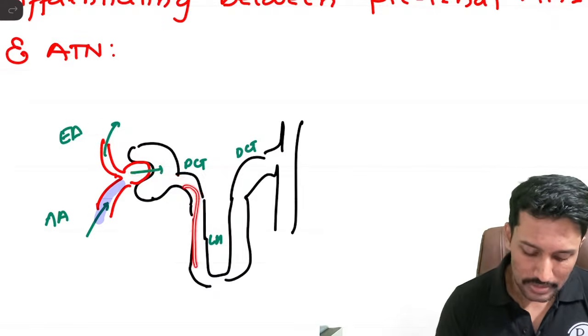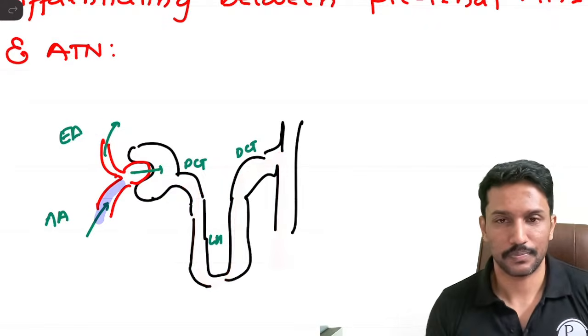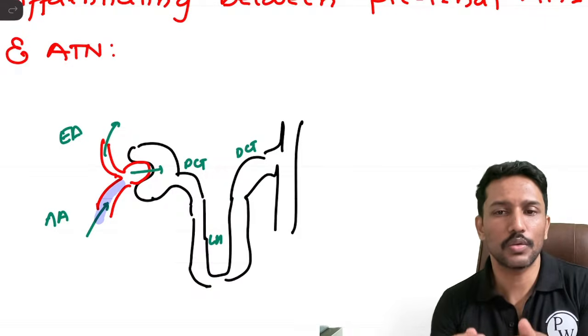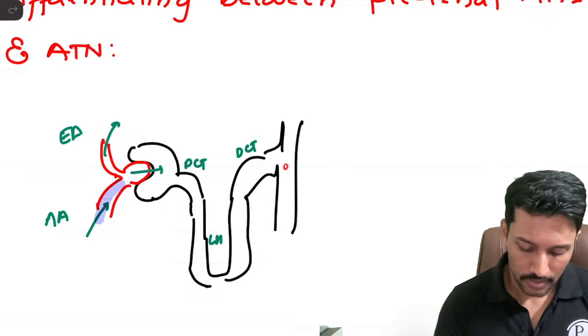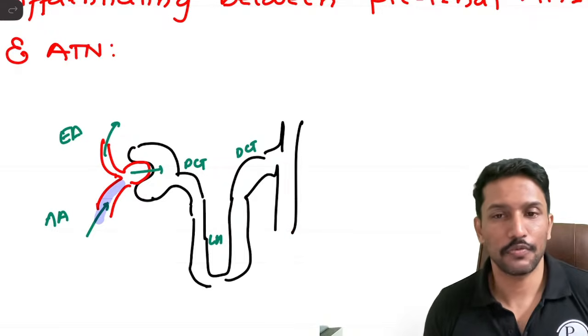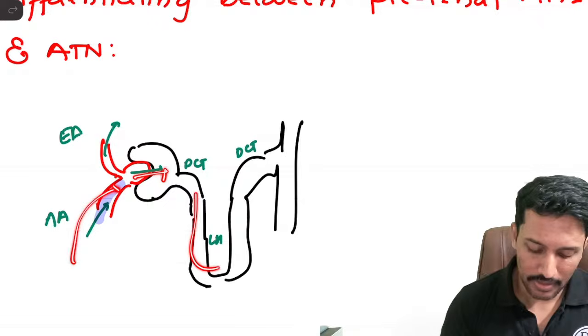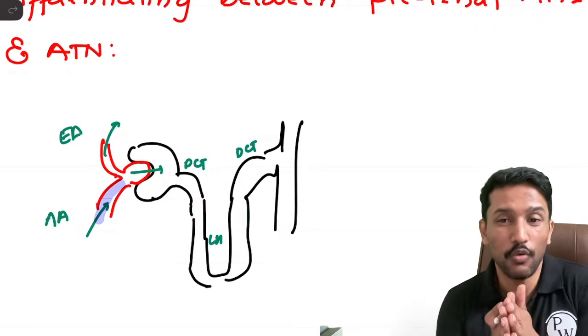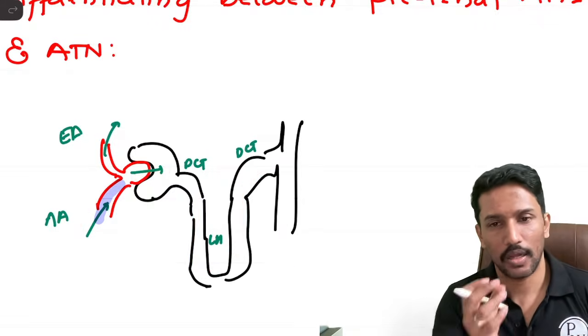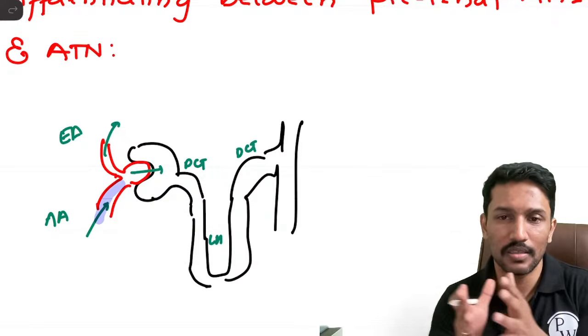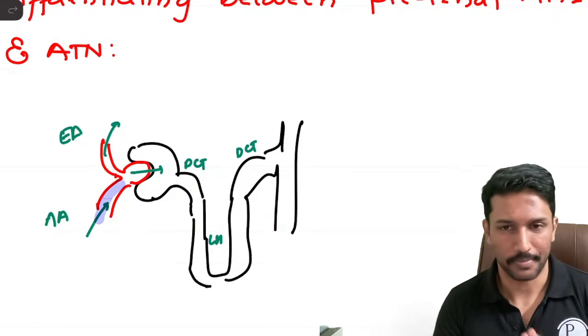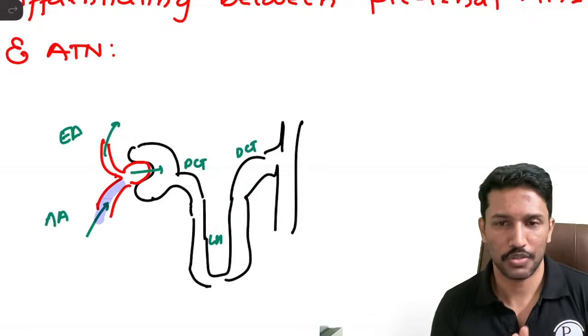Now let us talk about the filtrate that is coming out as urine. What will happen to the amount of urine that we will be excreting if the blood flow to the kidney is less? Less the blood flow, less the filtrate, less the urine output. So if you have prerenal AKI, you will have oliguria, decreased urine output. Okay, fair. Now you know how the physiology works.